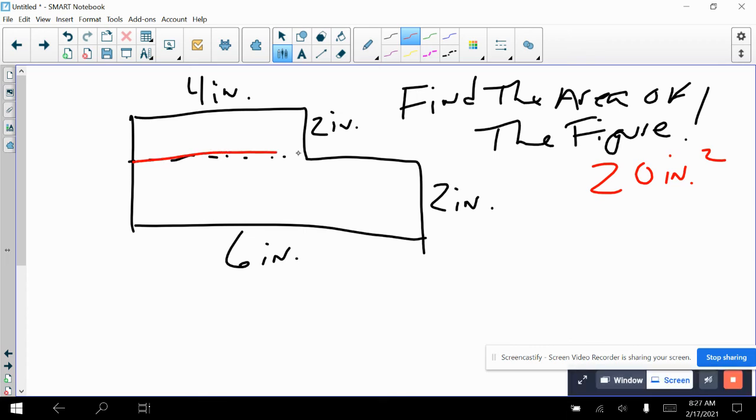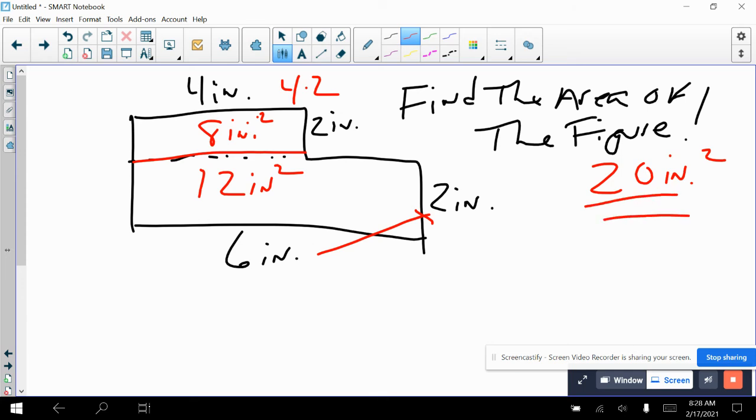If you look at the top rectangle, that would be 8 inches squared, yes? 4 times 2, right? If you look at the bottom one, 6 times 2, add those together, 20 inches squared. Pretty easy.